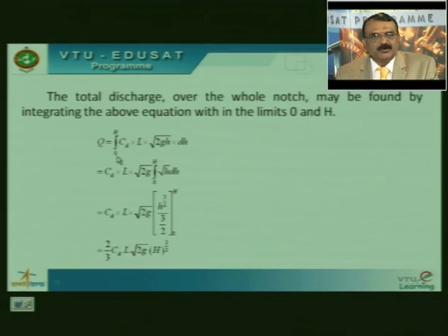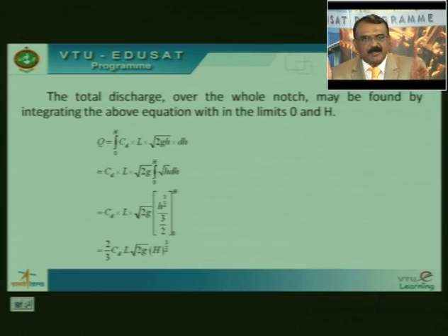Total discharge is equal to the integration with lower limit 0 and maximum limit capital H of CD into L into root of 2gh into dH. Now if you simplify this, remember the coefficient of discharge is a constant value. The length of the notch L is constant; it won't change from trial to trial. Once you fabricate the plate, it is fixed, and root 2g is a constant.